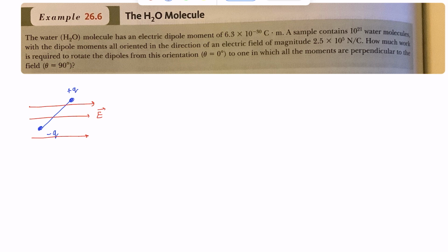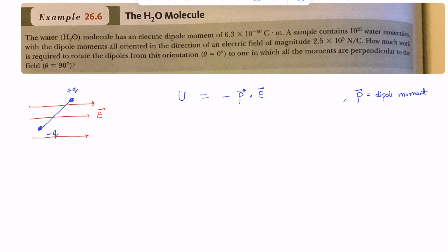So in a similar sense, and you can look in your book, there's a potential energy associated with a dipole in the electric field, and that potential energy is given by U, and that is minus P dot E, where P is the dipole moment, and it's a vector.